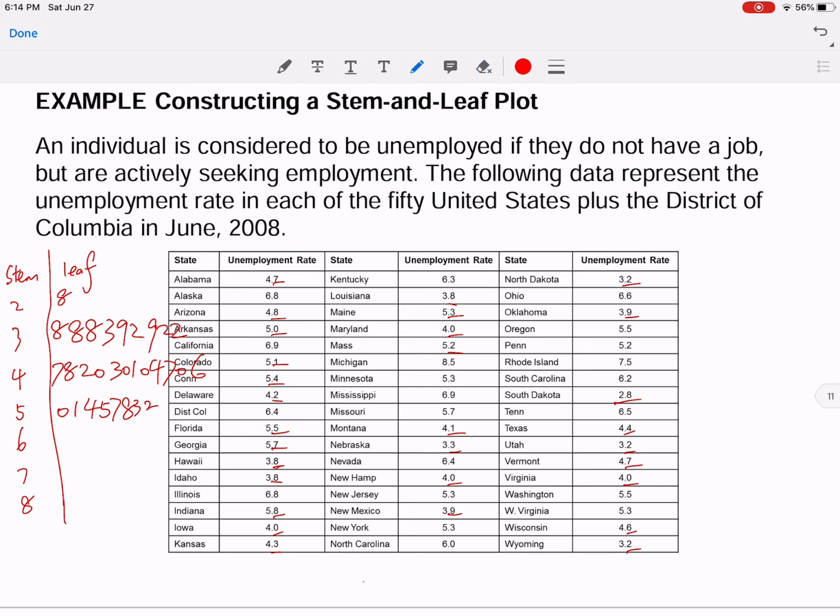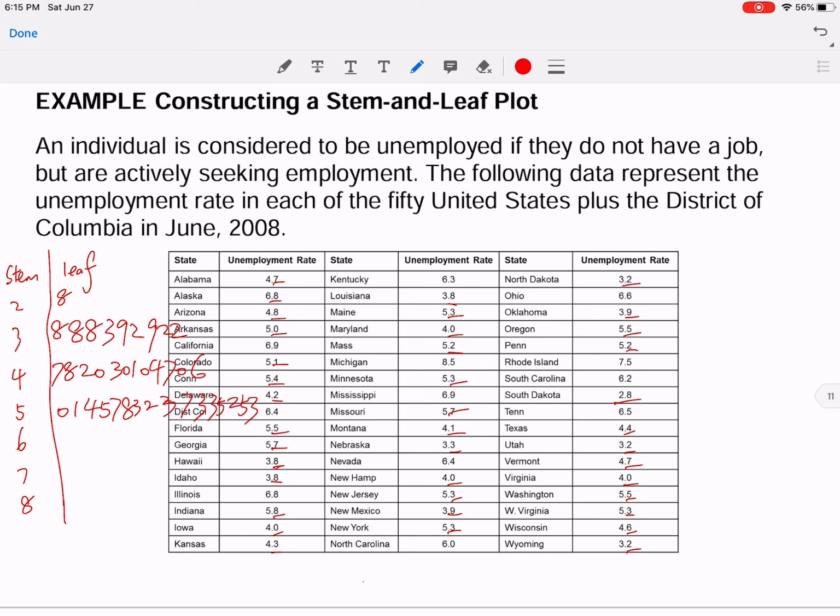Clear, and then 5.2, and then 3, and then 7, and then 3 again, and then 3 again. And then a 5 here, and then 2 here, and then 5 here, and then 3 here. That's for stem 5.